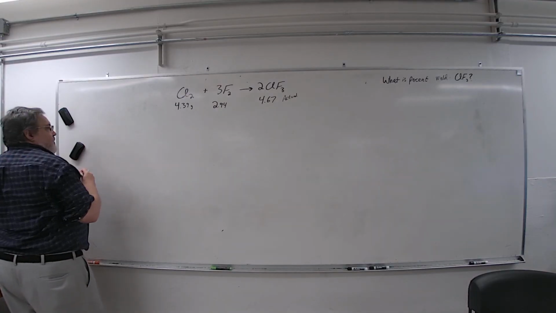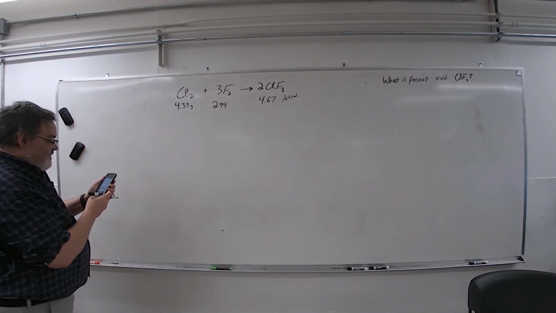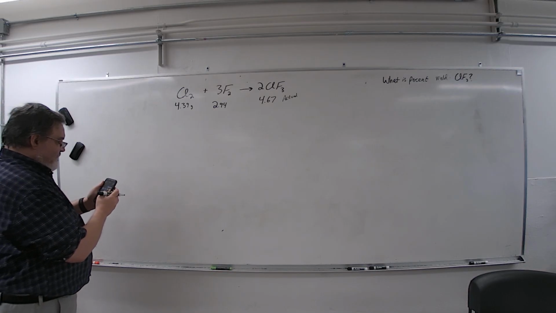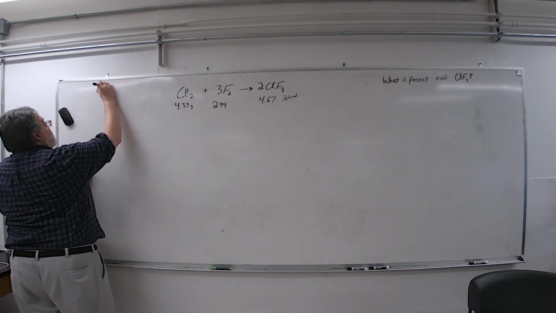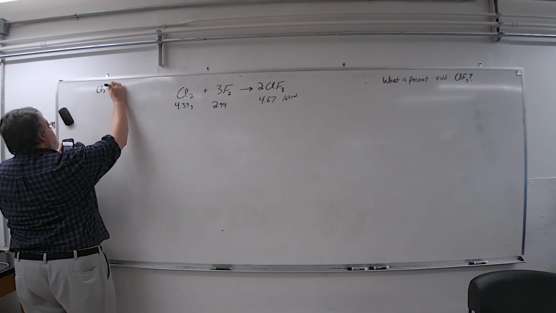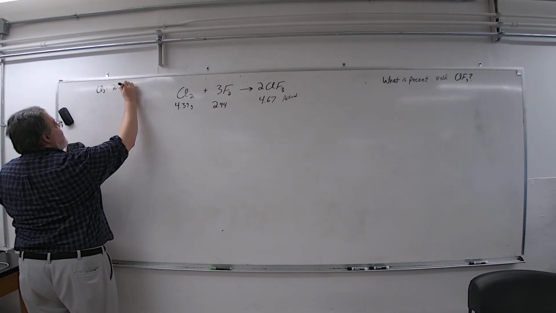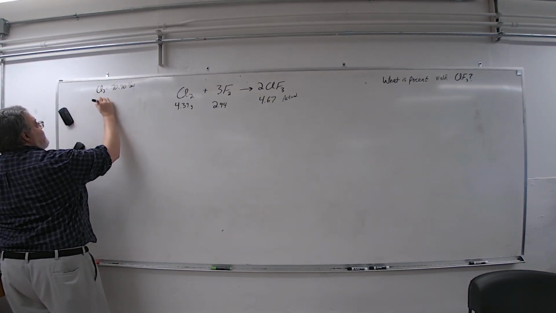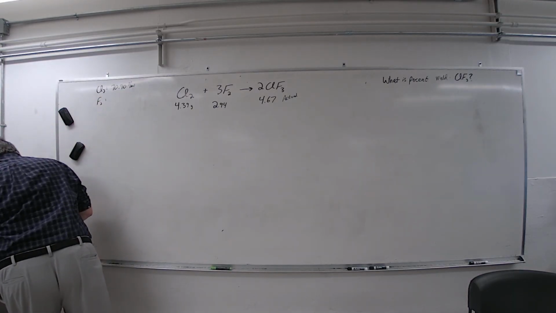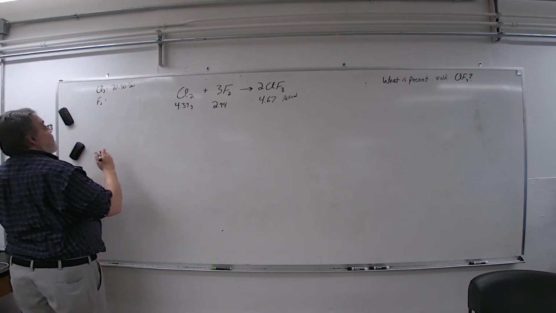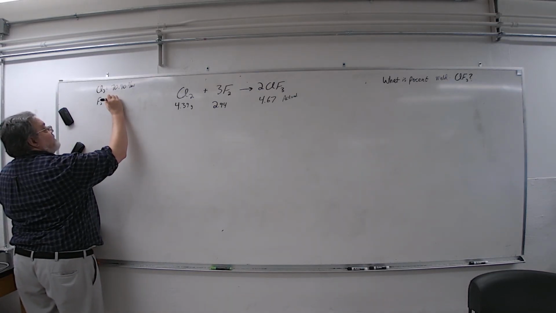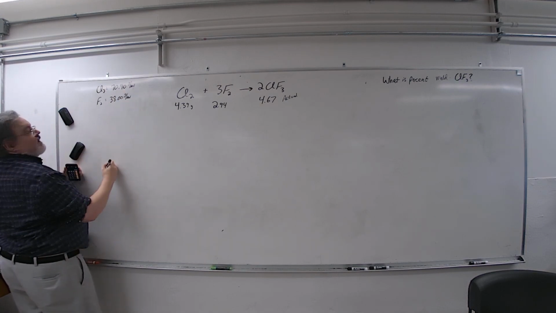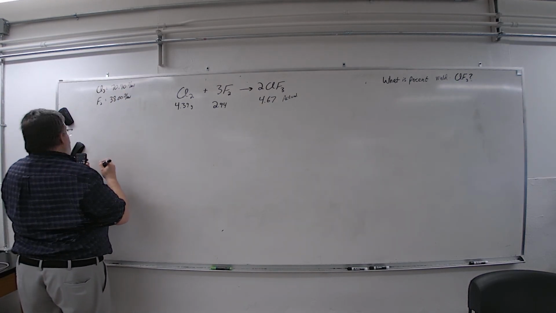Cl2 is 35.45 times 2. So Cl2 is 70.90. F2 is 19, so 19 plus 19 is 38.